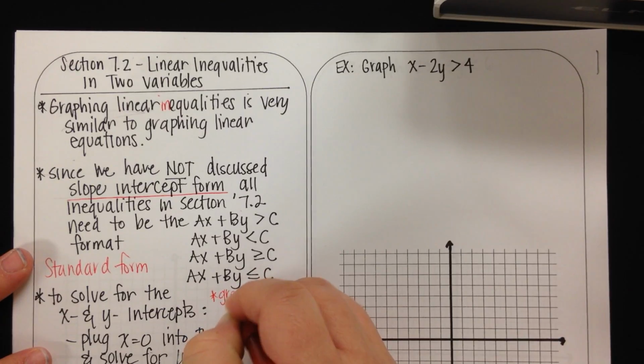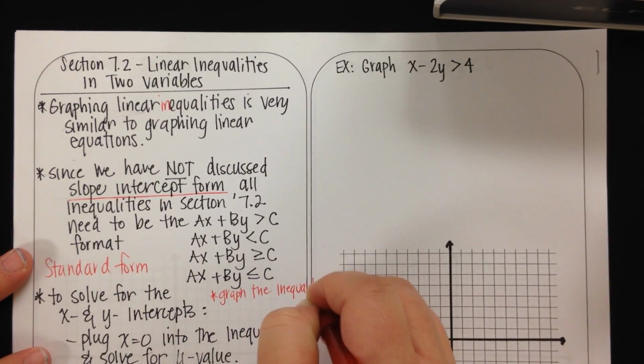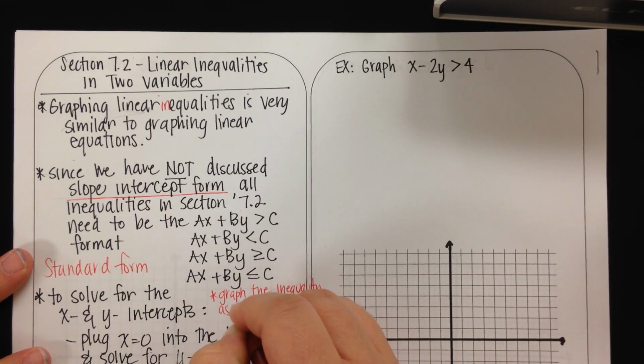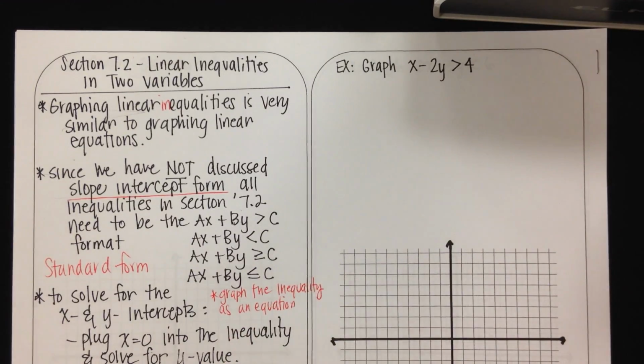Now, to solve for the X and Y intercepts, I want you to make a little note. You're going to graph the inequality as an equation. In our work, we're going to change the inequality sign and treat it as if it were an equation. We're not changing the actual inequality, but when we do our work, we're going to treat it just like an equation.